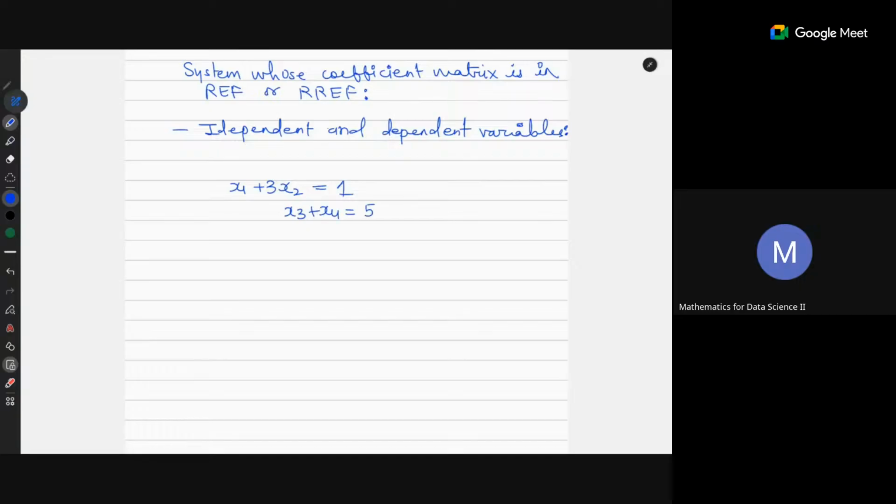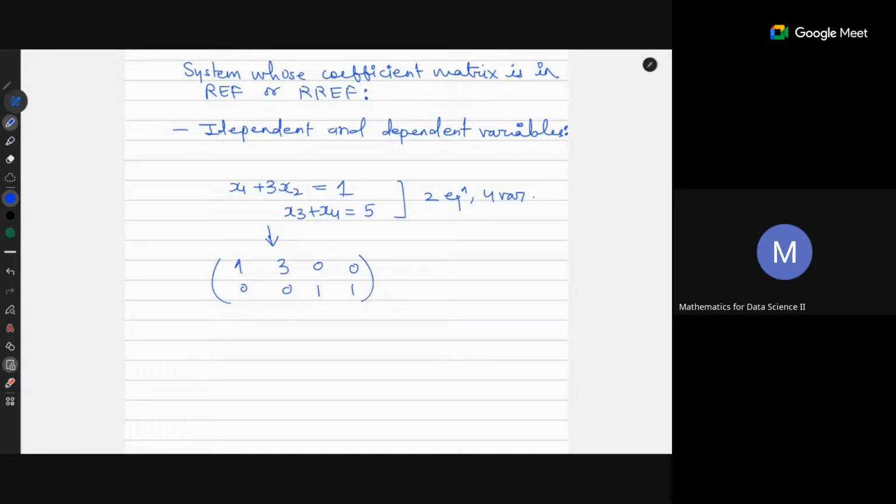If you look at this system of equations, how many equations are there? There are 2 equations, and there are 4 variables. So it will be a 2 cross 4 matrix. Let me write down the corresponding matrix. It is 1, 3, 0, 0, and then 0, 0, 1, 1. So this matrix is in RREF form.